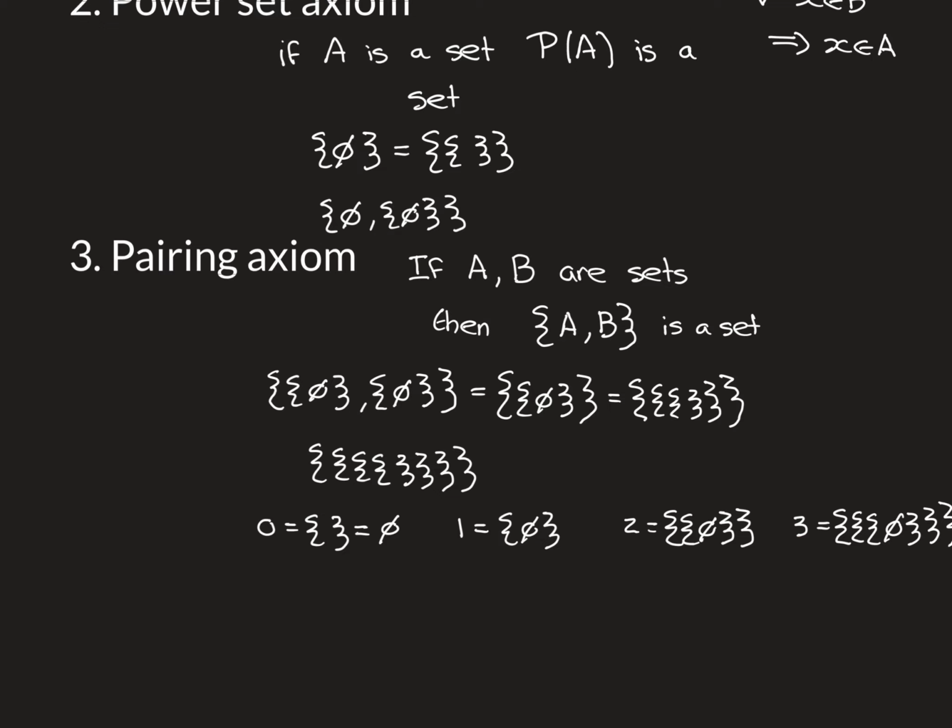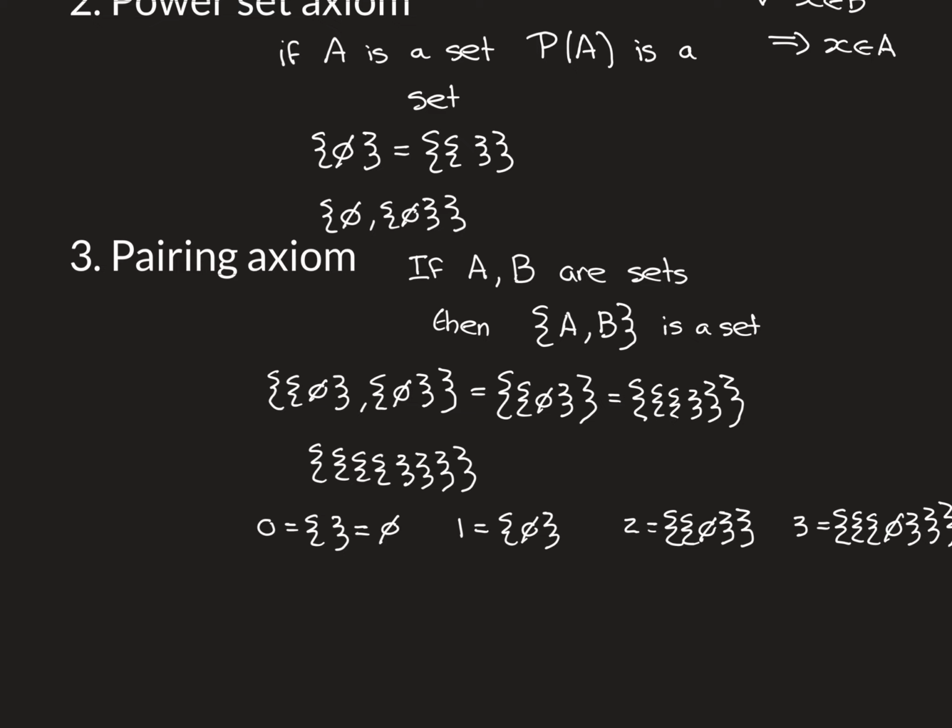So you'll use these symbols in the way that you've always been brought up to use them. So when you've got n set brackets around the empty set, that will be identified with the nth natural number. And this is indeed how we're going to construct the natural numbers.